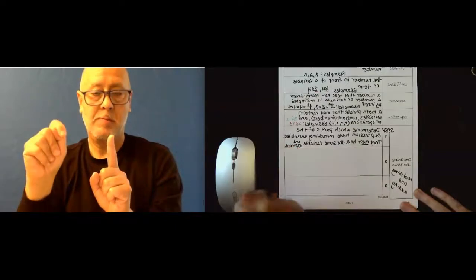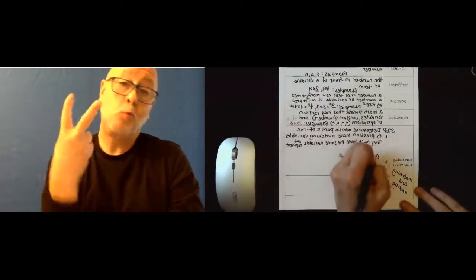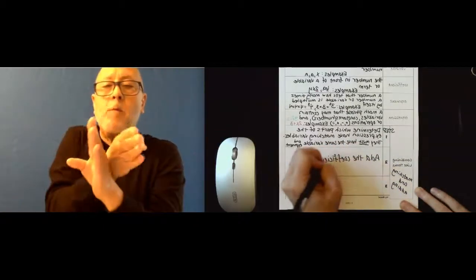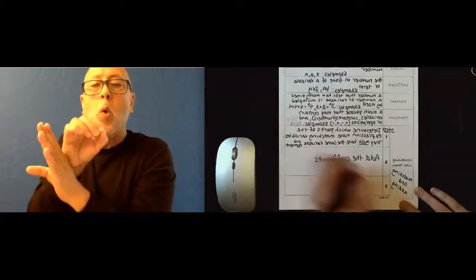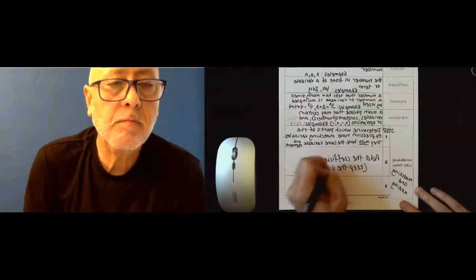I'm going to run out of room with my writing, I'll just squeeze it in. Step 2, add the coefficients and keep the variable.